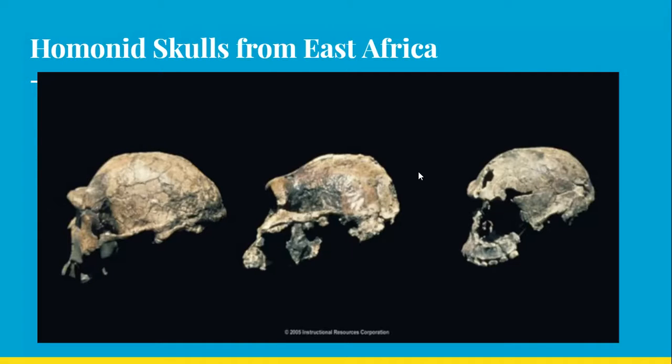So, about 2 million years ago, our ancestors began to make primitive stone tools. By 1.5 million years ago, these human species had spread through Africa and Eurasia. They were making and using hand axes.